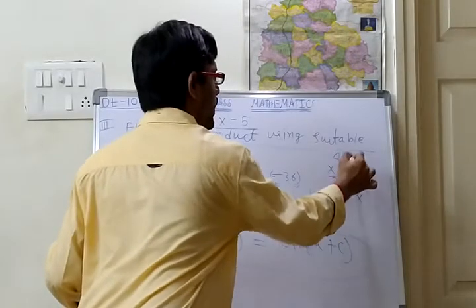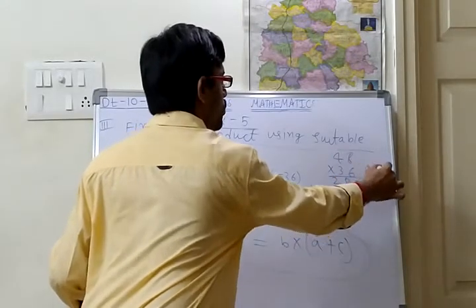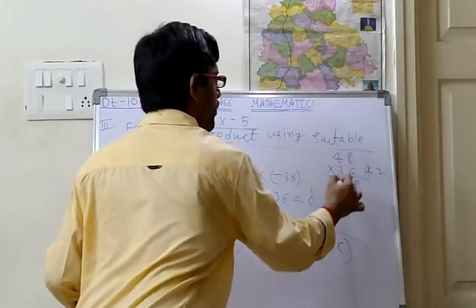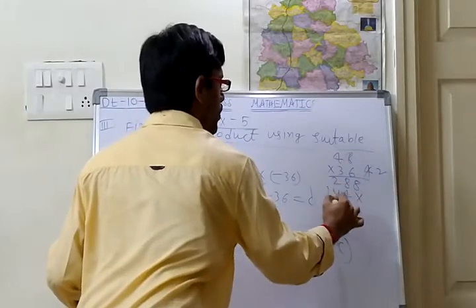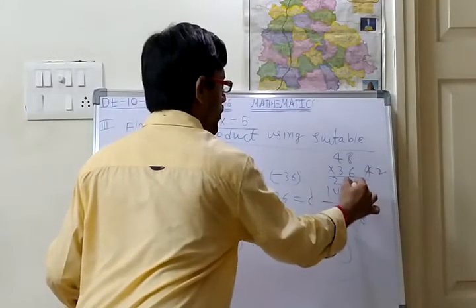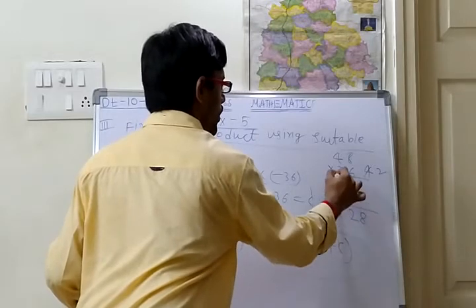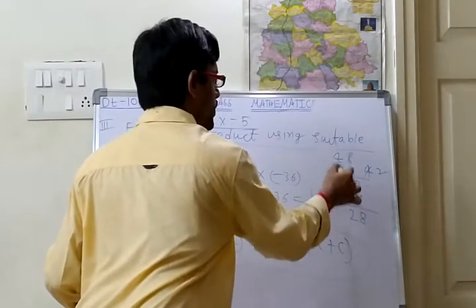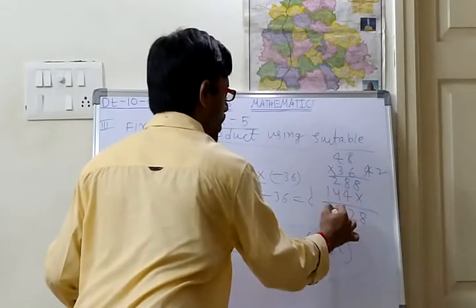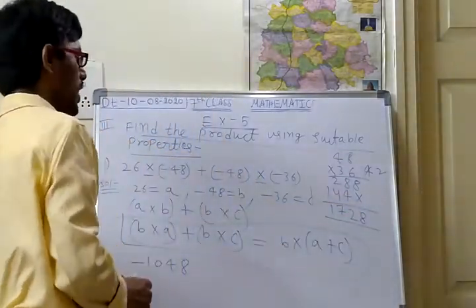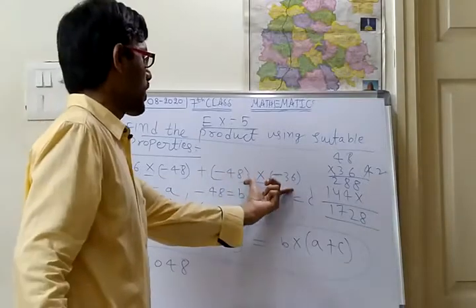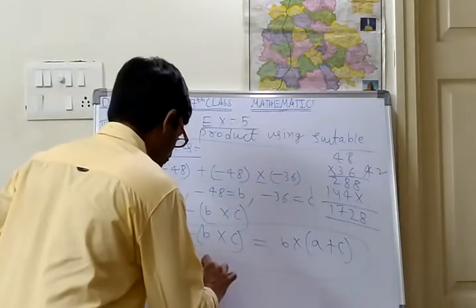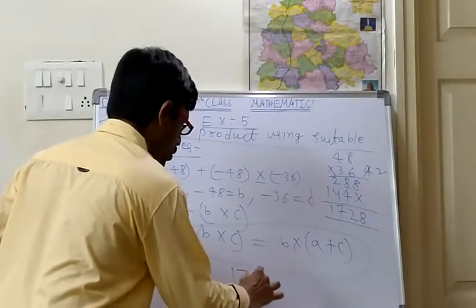Next 3 8s 24, 3 4s 12, plus 2 is 14. 8 plus 4 is 12, so 1 carry here. 4 plus 2 is 6, plus 1 is 7. Next 1. So 1728 is the answer.